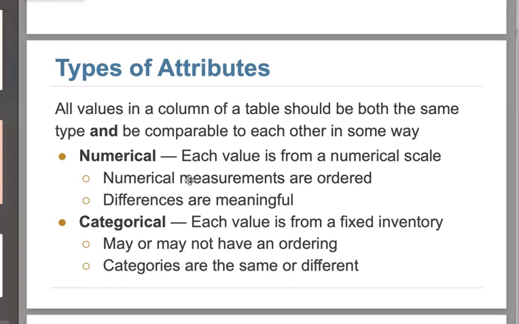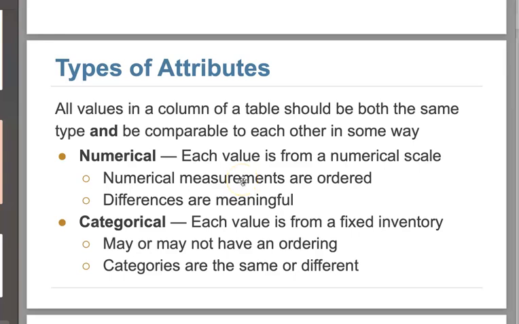You are a math major, computer science major, they are not really in any order. But at least with a category, we know the data is either the same or different. We know some players play center, and some players play point guard. At least we know whether two players are in the same position or a different position.